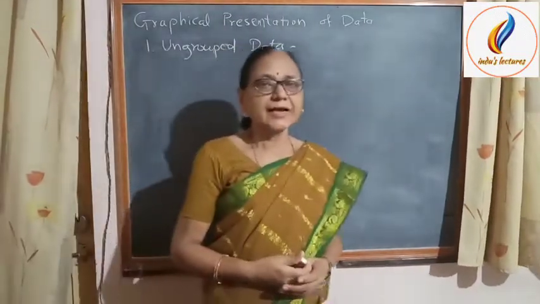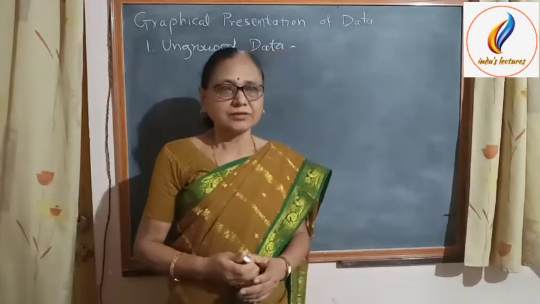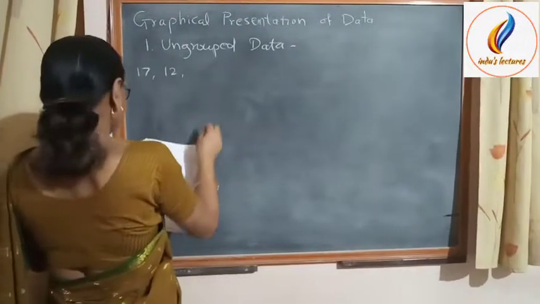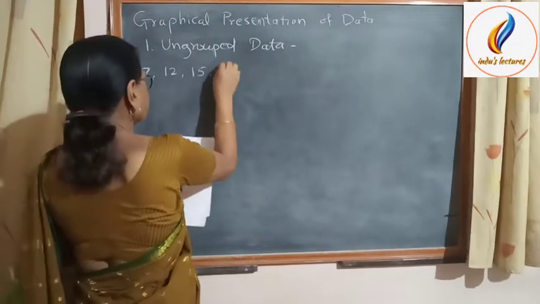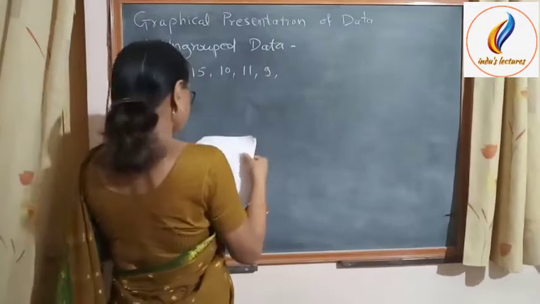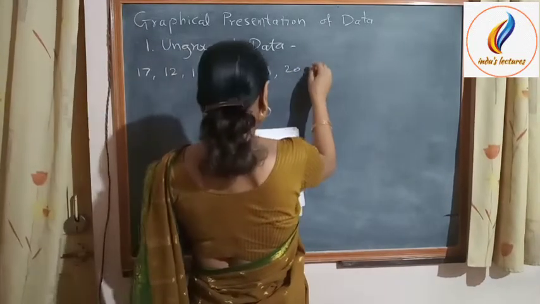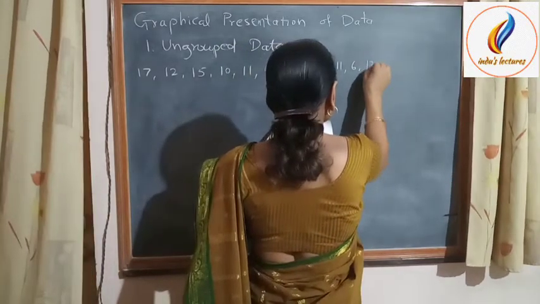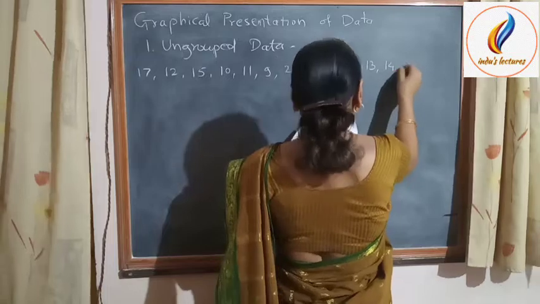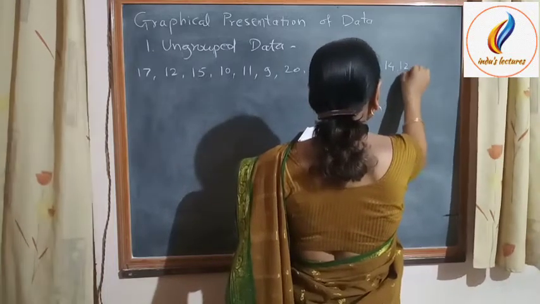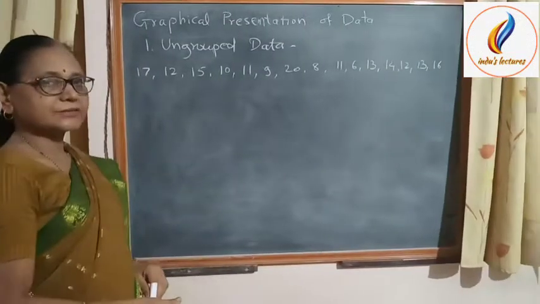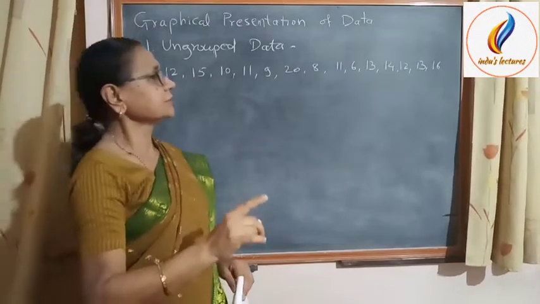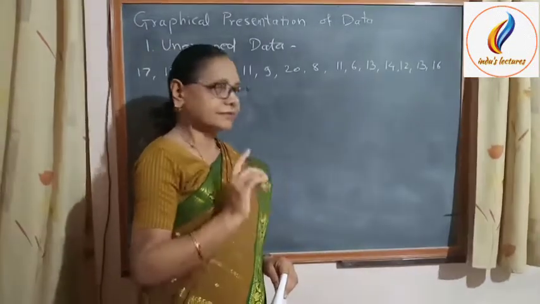Suppose the teacher administered a unit test to the 9th class students and obtained these scores: 17, 12, 15, 10, 11, 9, 20, 8, 11, 6, 13, 14, 12, 13, 16.